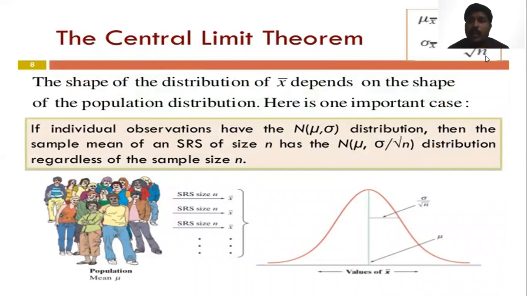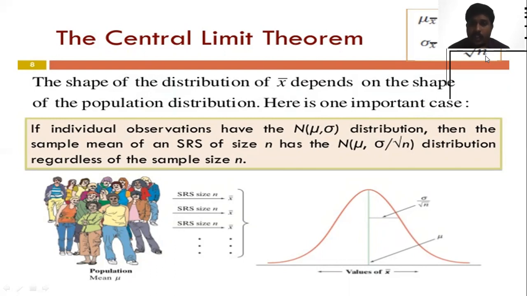So it's one famous theorem. It's known as the central limit theorem. The central limit theorem states that if individual observations have the normal distribution, then the sample mean of the selected random sampling of size n has the N of mu comma sigma by root n distribution regardless of the sample size n.